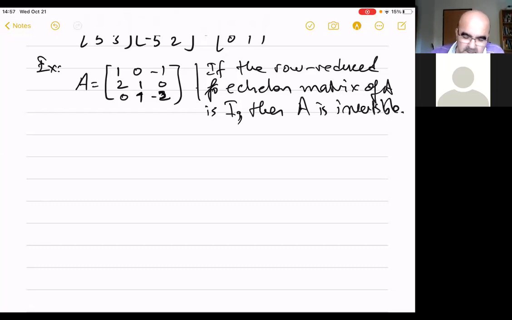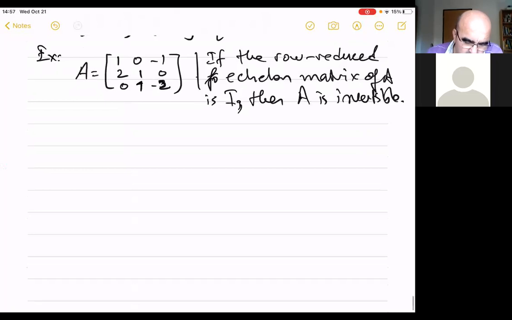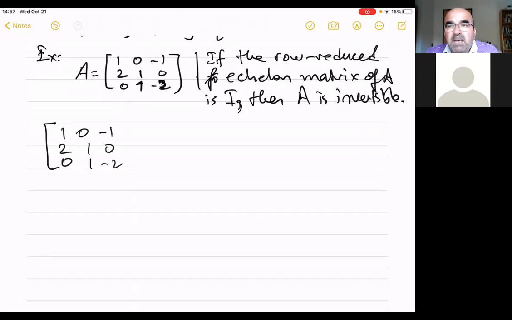And we will find it. Let's try to find it. How do we start? 1, 0, minus 1, 2, 1, 0, 0, 1, minus 2. Namely, we will write this A as a product of elementary matrices, and the product of those elementary matrices will be the inverse of A.